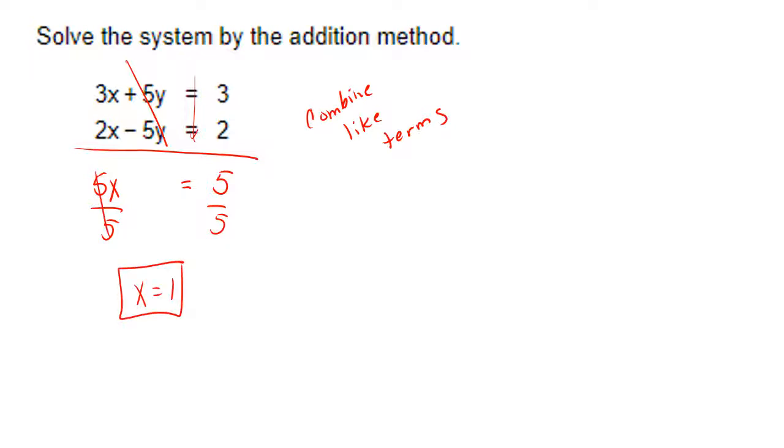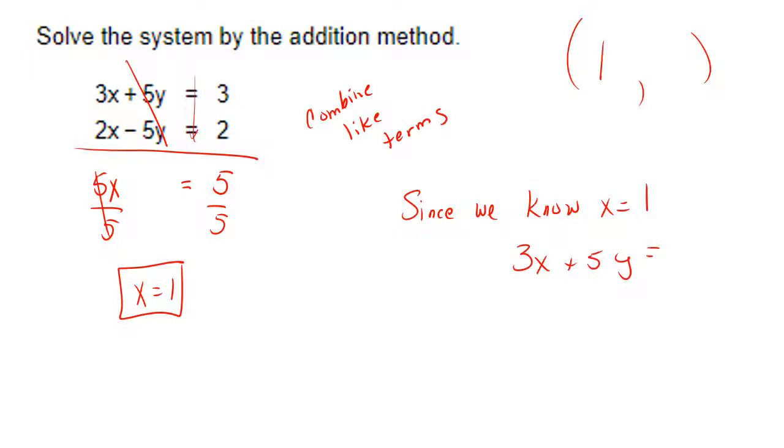That quick. Remember, though, that the answer is a pair, so the 1 is only half that answer. Now, since we know that x is equal to 1, we can take either of the two equations. Let me take the first one, and we can use what we know to figure out the second coordinate.